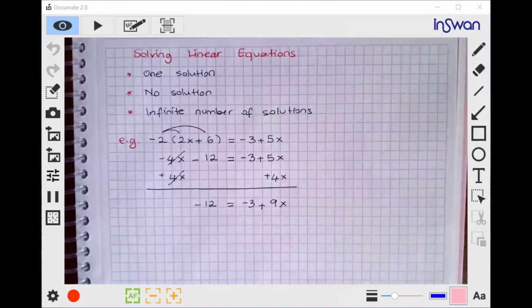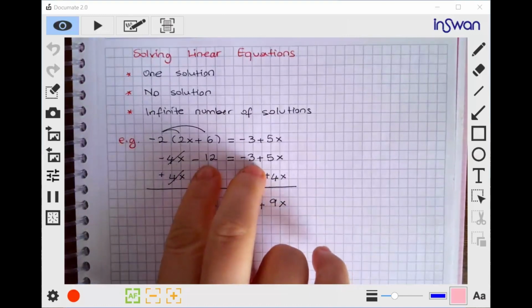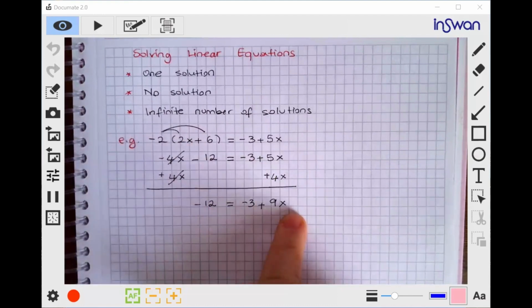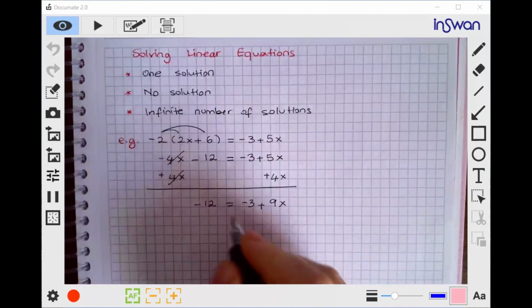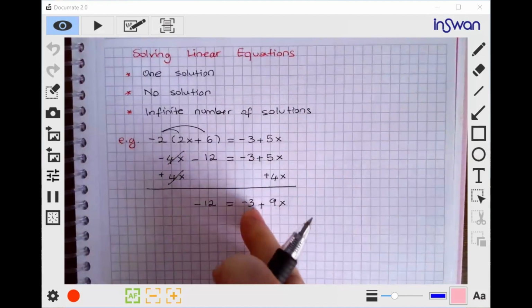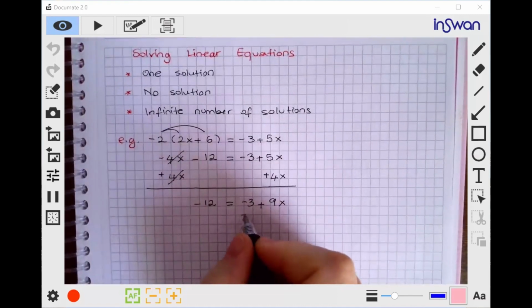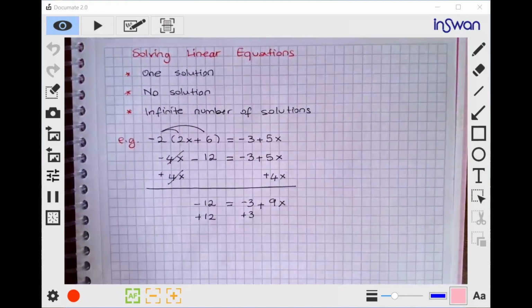So we just combine like terms on one side, and we will collect the numbers on the other side. So actually our equation simplified to this one, where we have negative 12 on the left and negative 3 on the right. So we can collect the numbers on the left because we have the variable on the right. We will collect them on opposite sides.